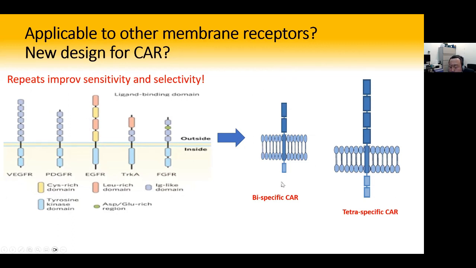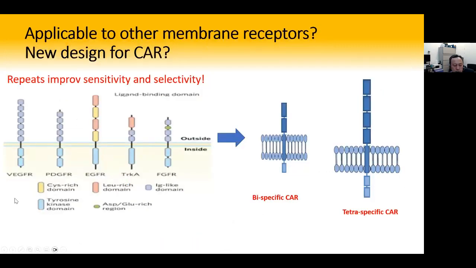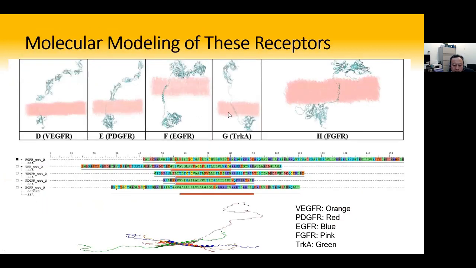Good news, some groups already developed the bispecific CAR-T with two kinds of antibody domains to increase the selectivity. Those are the models from nature for this part. You can see they follow the same architecture, using a flexible part to link those domains.